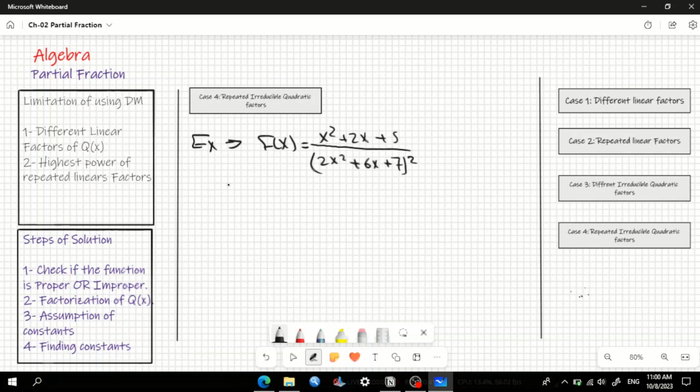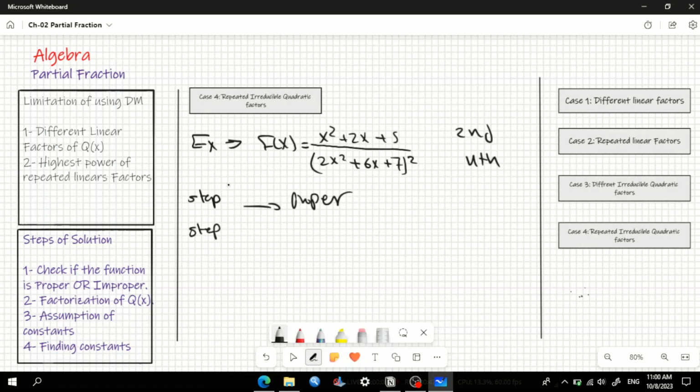So we have here a repeated irreducible quadratic factor. So the first step is to check if proper or improper. We have second degree here, and here we have fourth. So proper.